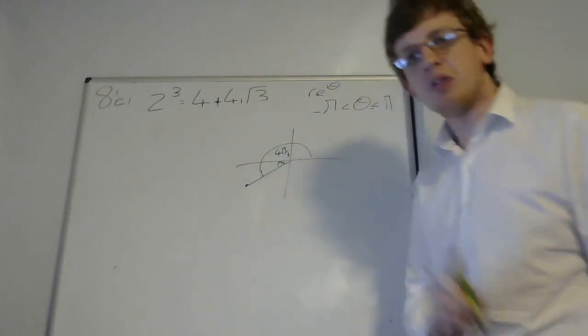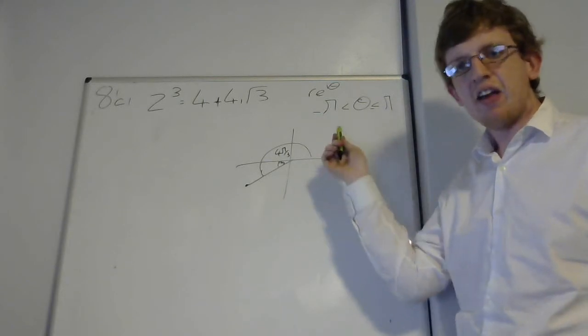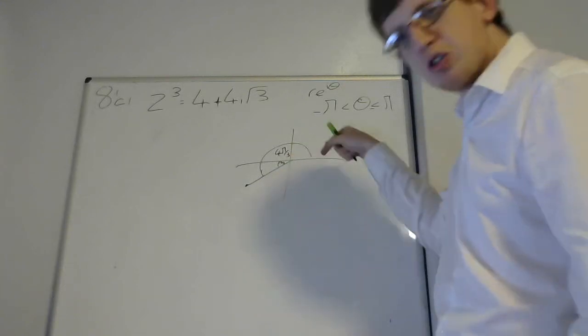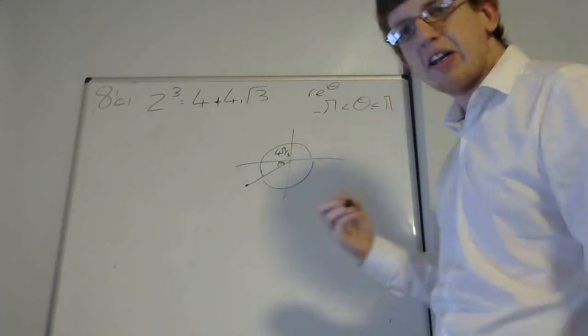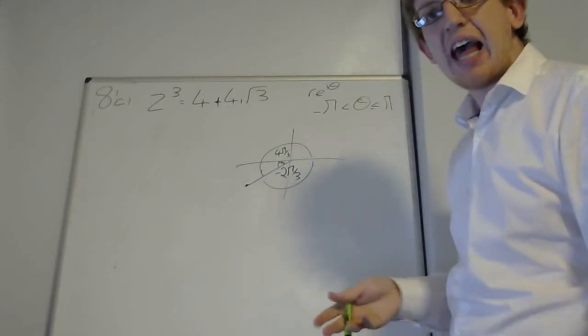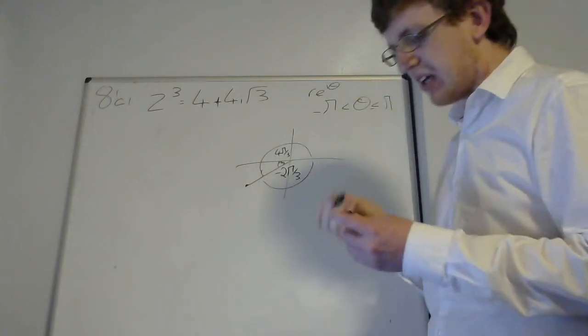But we wouldn't be able to do that in this question because that would be outside of our range here. So instead, to stay inside our range, we go the other way round. We make sure we never turn more than half. So we go the other way round and we give the minus value, which is minus 2 pi on 3. So we're going to have to be careful that we do that in this question so we don't give any arguments that are bigger than pi. I'm getting my head around that now. Good.